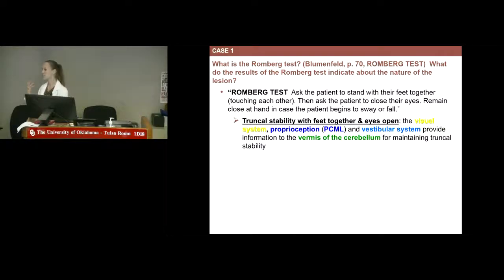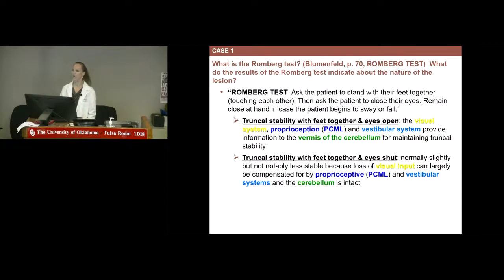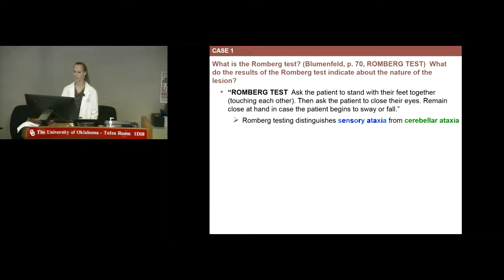And then the vermis of the cerebellum organizes all of those output tracts that tell your motor nuclei and your spinal cord what to do without you really thinking about it. So normally when you close your eyes and lose that visual input, there is a slight worsening of unsteadiness, but it is very slight. You certainly don't fall over normally. And that is when your cerebellum is intact.